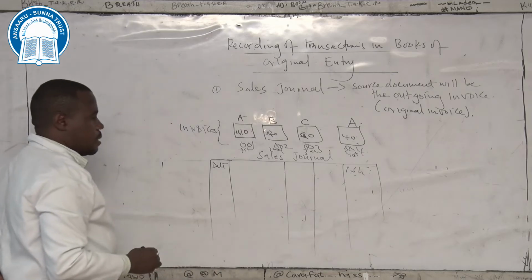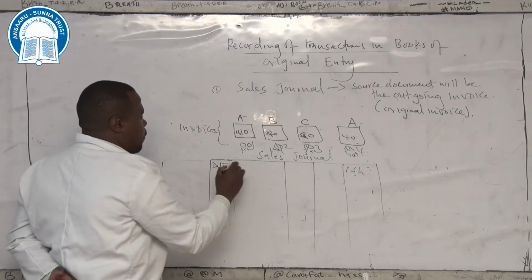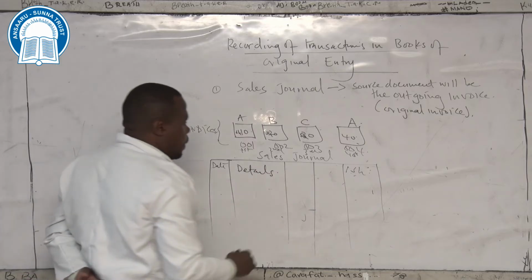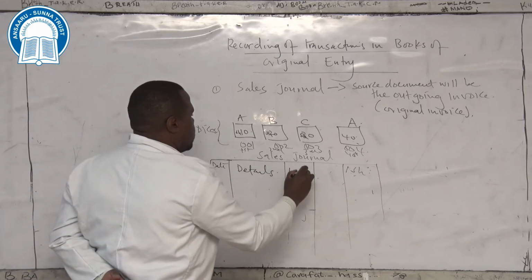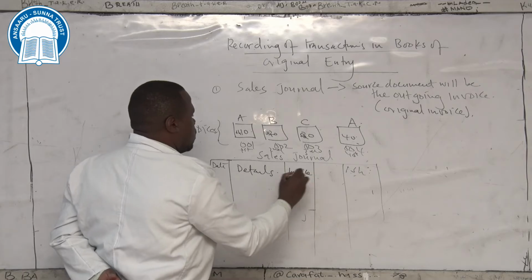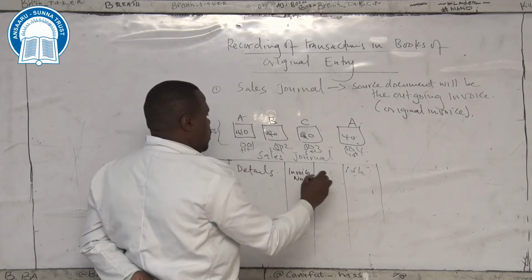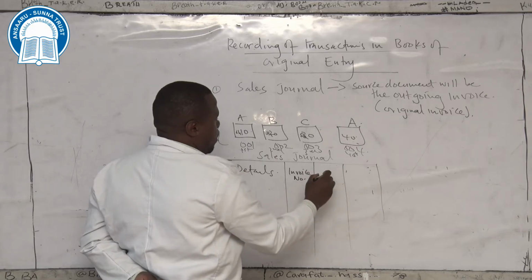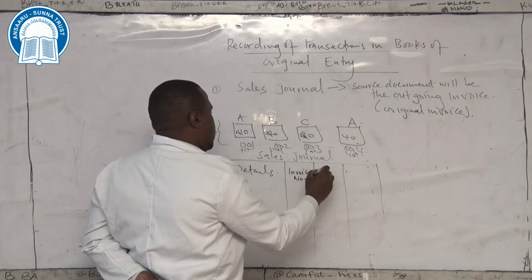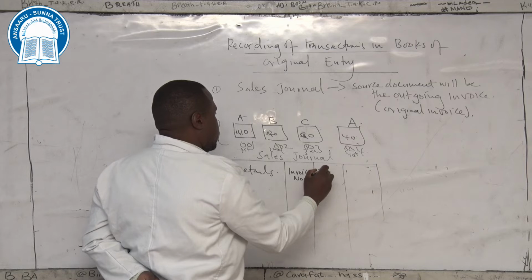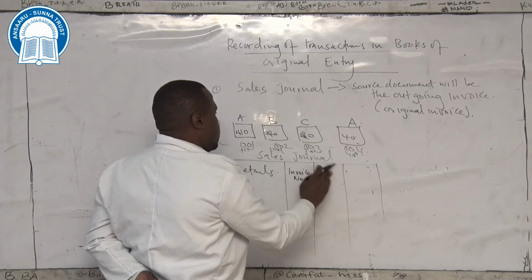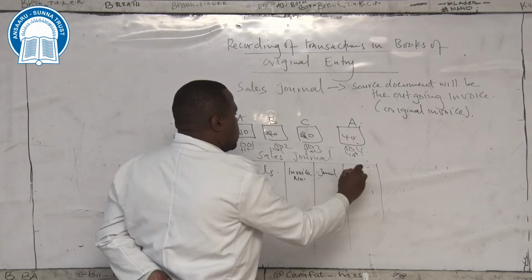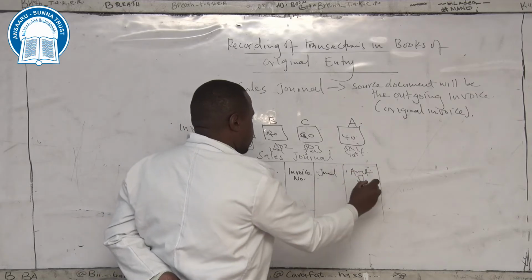Then you'll have the details, the invoice number, the sales journal folio, and the amount column in shillings.